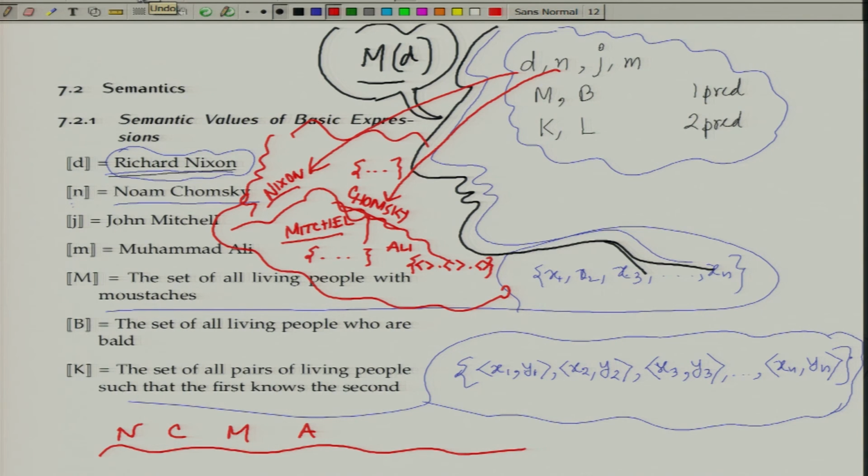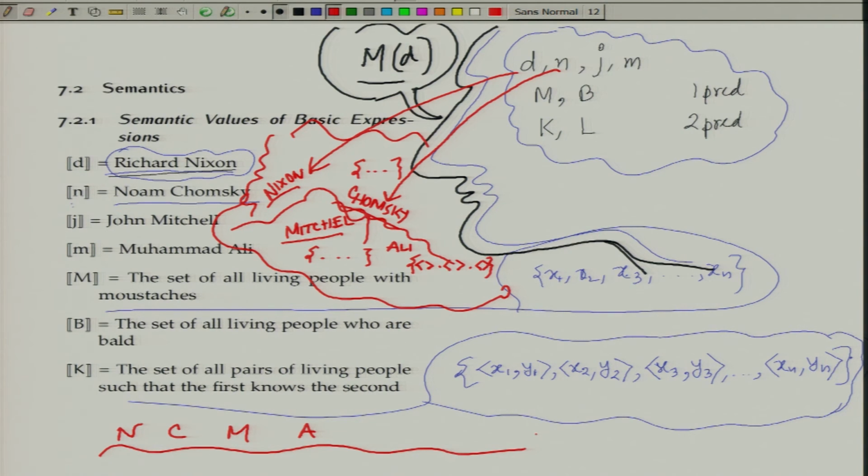So basically what exists is NCMA: N, which is Richard Nixon, C, Noam Chomsky, M, John Michel, and A, Muhammad Ali. So the model consists of just 4 objects, and groups are defined on the basis of those objects. Those groups are our sets.